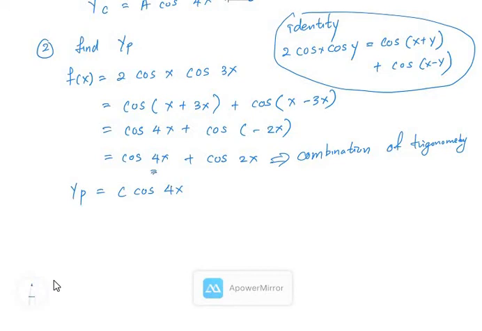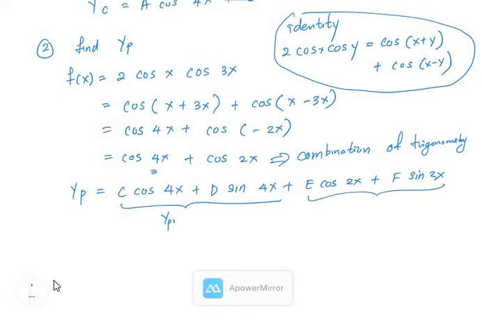So C cos 4x plus D sin 4x, and then plus E cos 2x plus F sin 2x. This one is referred to as YP1, and this one we refer to as YP2.